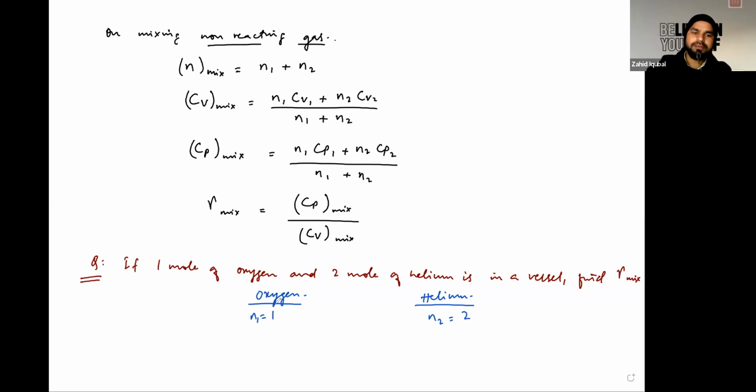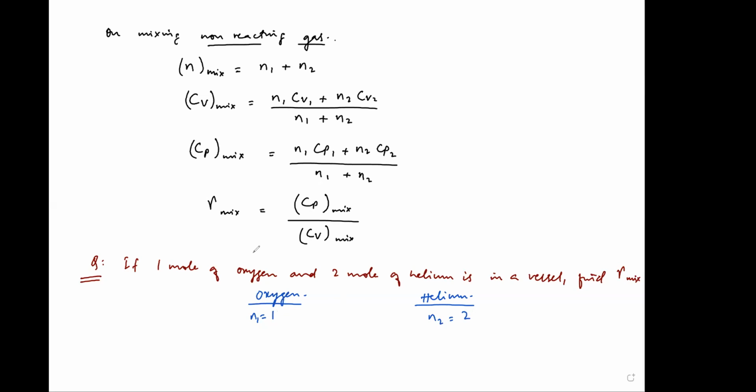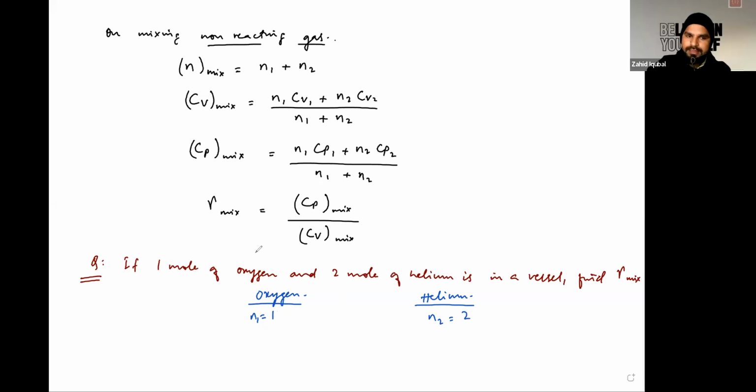Fatima, tell me about oxygen. Is it monoatomic or diatomic? Monoatomic. Oxygen exists as a molecule, O2, like H2. Helium, an inert gas, exists as only He.